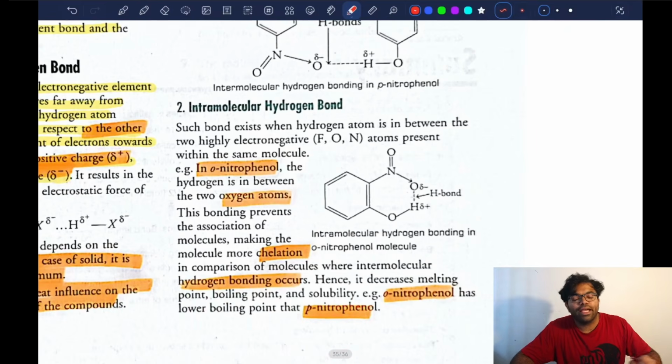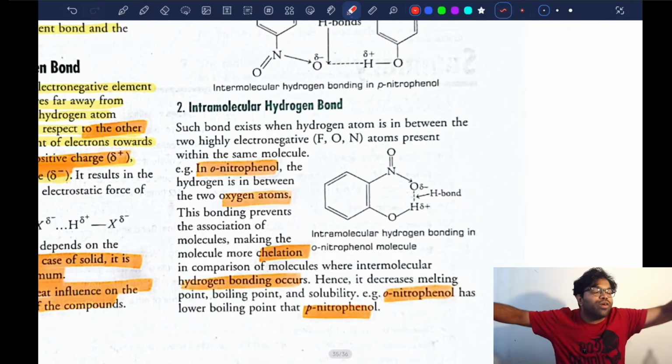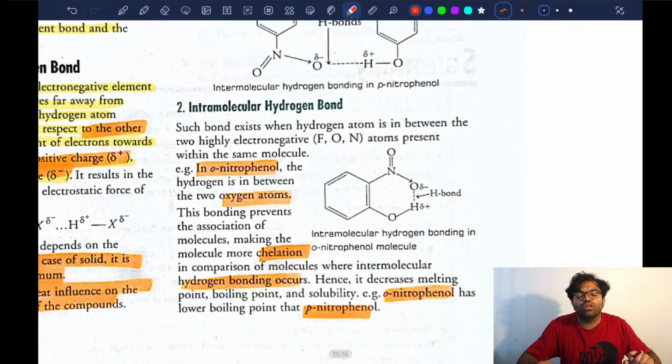So in the previous case, what was happening? A whole network was being formed due to the hydrogen bond. But in ortho-nitrophenol, the hydrogen bond is not forming a network. Basically, all these molecules could be in isolation, right? They're not forming a hydrogen bond with each other. So basically, everything will be lower.